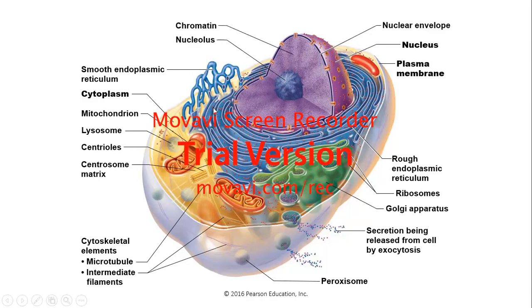But then you also have what is called the rough endoplasmic reticulum, and it's rough because of its appearance. The reason it looks rough is because it has ribosomes attached to it. Again, continuous with the nuclear membrane is the endoplasmic reticulum, and you have two types.